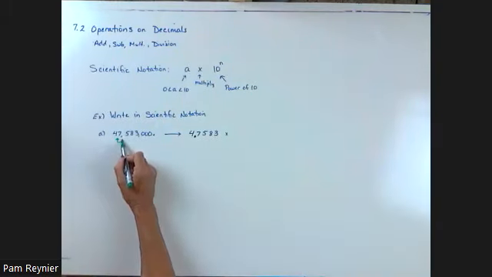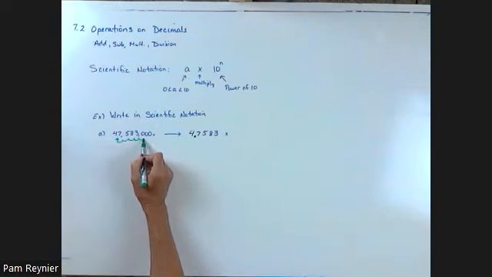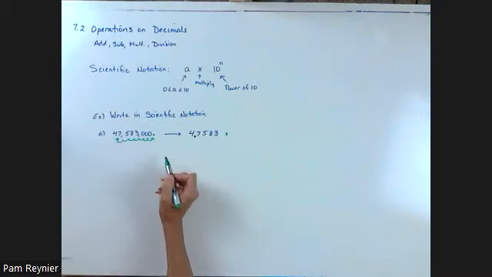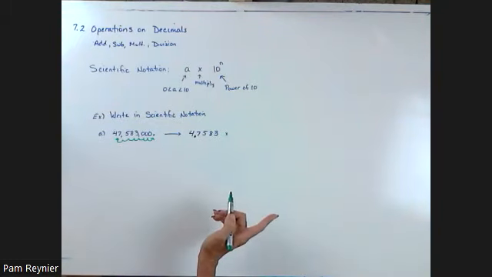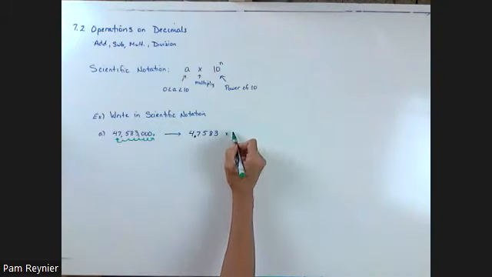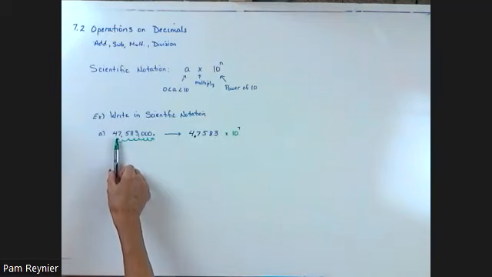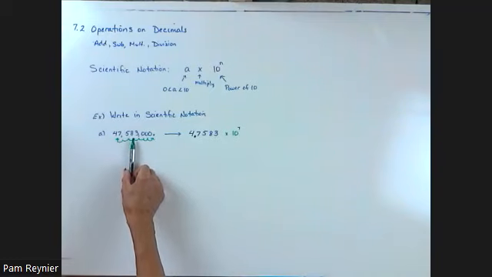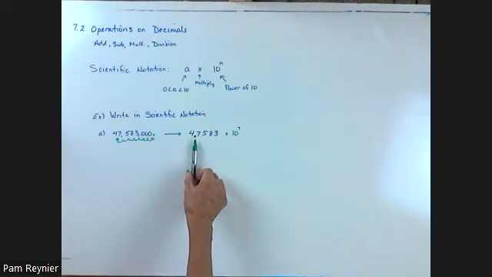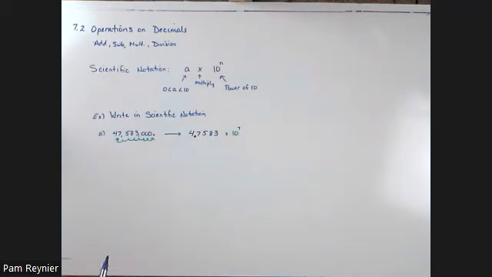It needs to move 1, 2, 3, 4, 5, 6, 7 in the positive direction, to the right. So I'm going to multiply by 10 to the 7th. Every time I multiply by 10, my decimal moves. Since I needed it to move 7 places, I multiplied by 10 to the 7th.